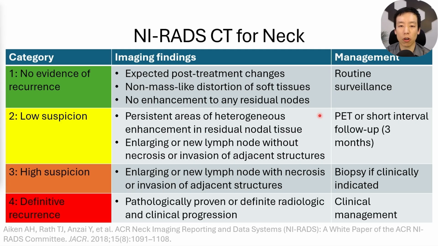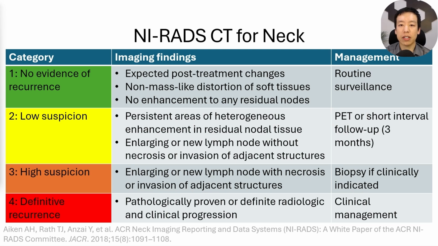Alternatively, you could have enlarging or newly abnormal lymph nodes without necrosis or gross extranodal extension as defined by invasion of adjacent structures. These findings are probably benign but merit a deviation from the routine surveillance, and the management recommendation for these is to obtain a PET if not already obtained as part of this surveillance time point, or to obtain short interval follow-ups such as at 3 months.